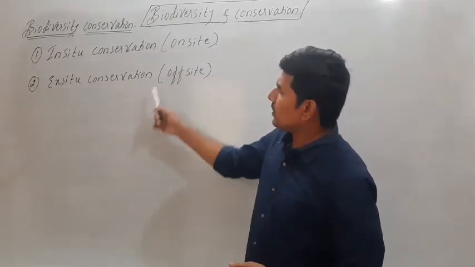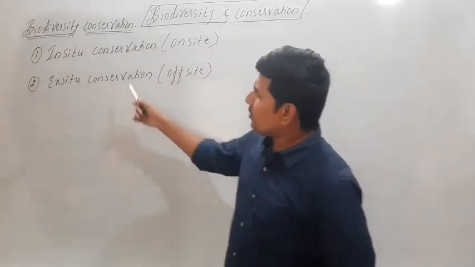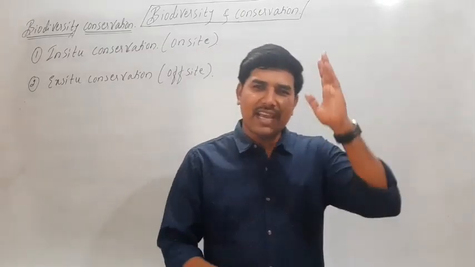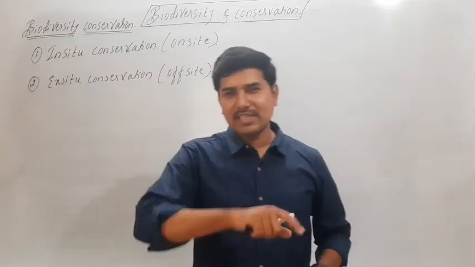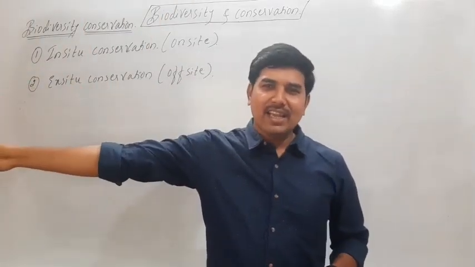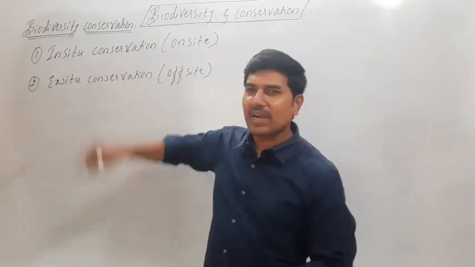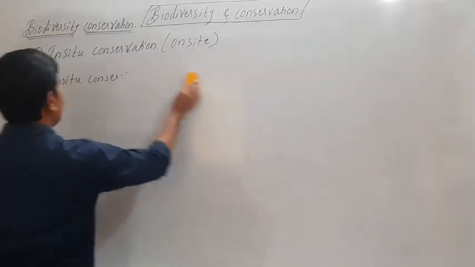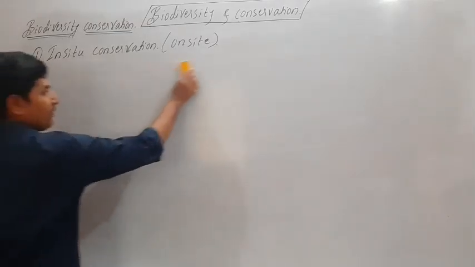So we have in situ as well as ex situ conservation. In situ conservation is the conservation and preservation of species in their natural habitat. Ex situ conservation is conservation outside their natural habitat. First let's look at in situ conservation, and later we'll look at ex situ conservation.